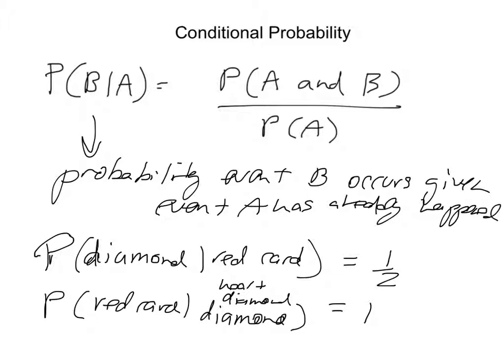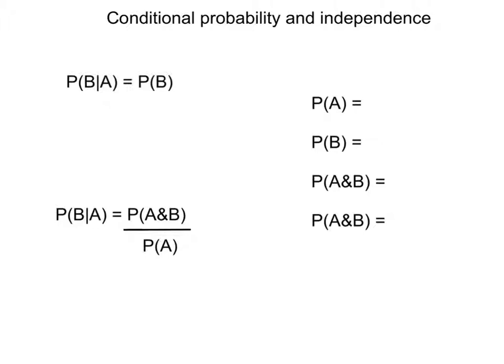And so what's really useful with conditional probability is if you're not sure if events are independent or dependent, you can always use this formula here to get you the probability. So let's just do another example here. So let's say probability of event A is 0.5 and the probability of event B is also 0.5.